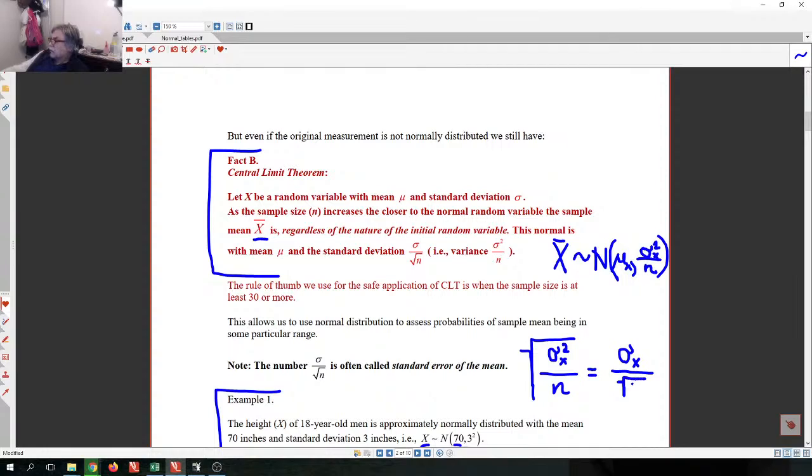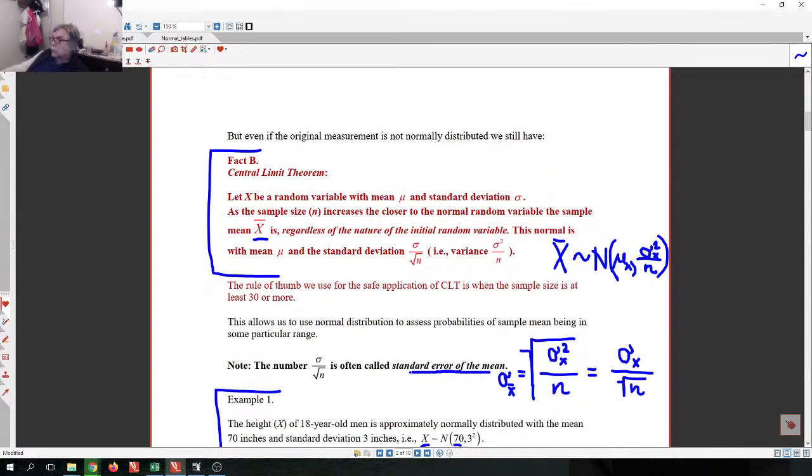Okay, so this is the standard deviation of x bar. So if you're looking for the standard deviation of x bar, this is not the standard deviation of x, it's the standard deviation of x bar. That is the standard deviation of x divided by the radical n.